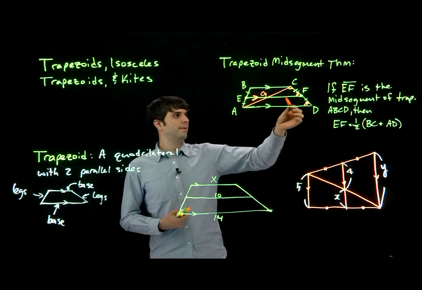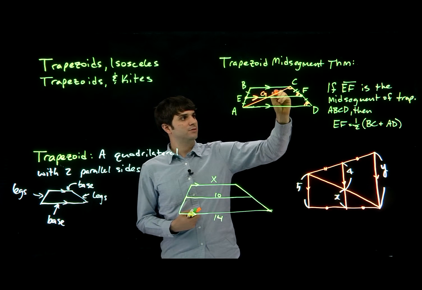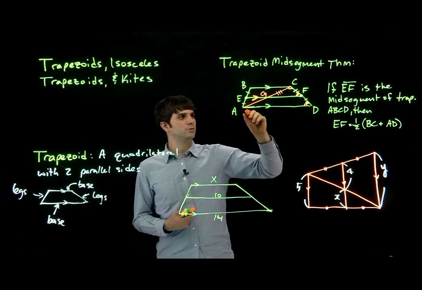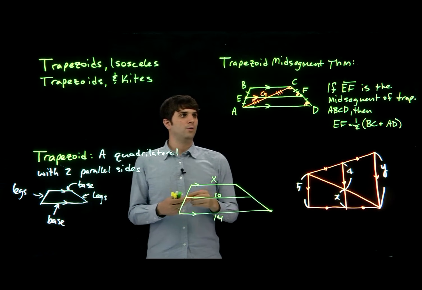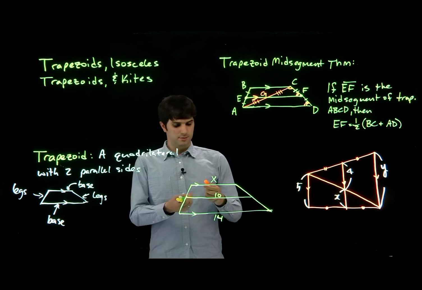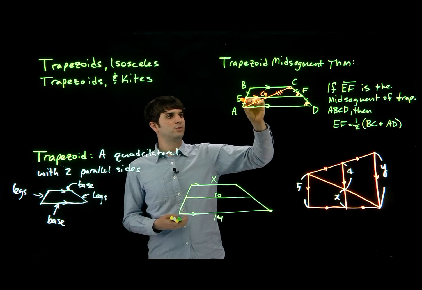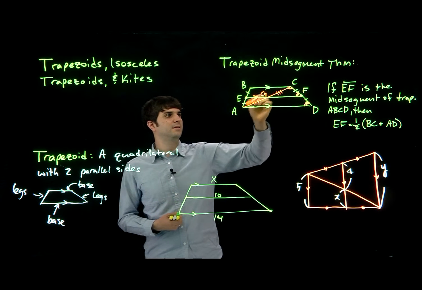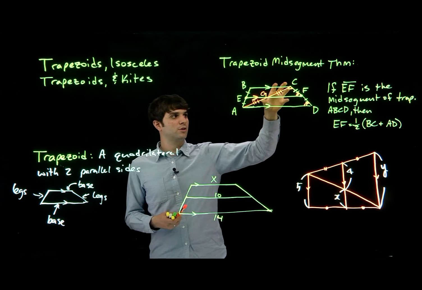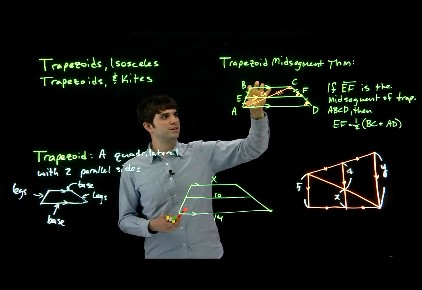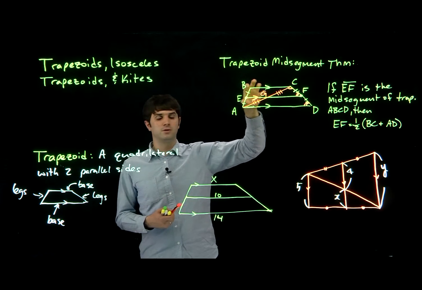Now we also know that since CF is congruent to FD, then GC is going to be congruent to AG. We also know that triangle EGA is similar to triangle BCA. So this little triangle is, sorry, not congruent, they're proportional, similar to this bigger triangle.